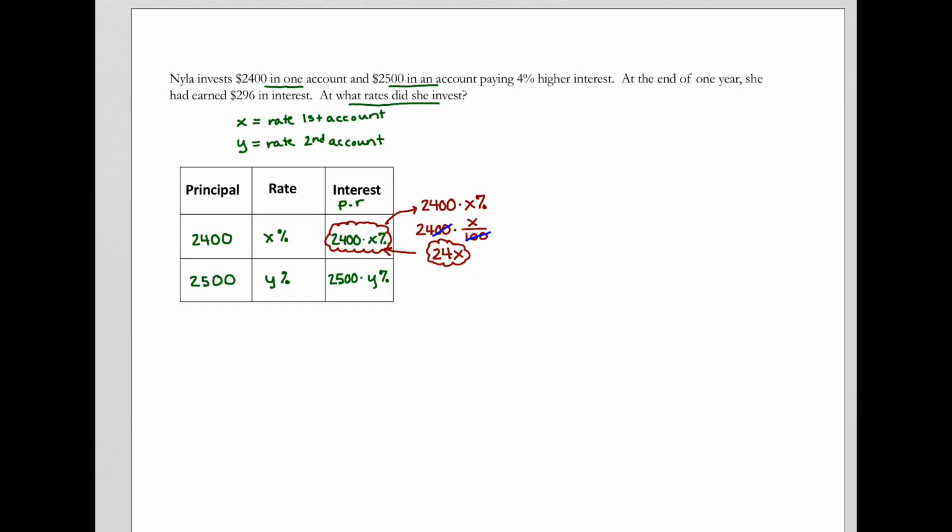In a very similar fashion, we could also take a closer look at 2,500 times Y%. By the same reasoning, Y% can be written as Y divided by 100.